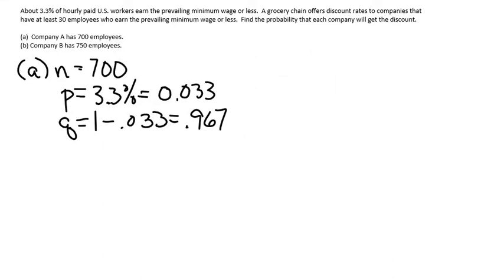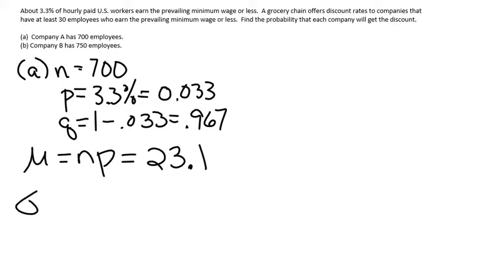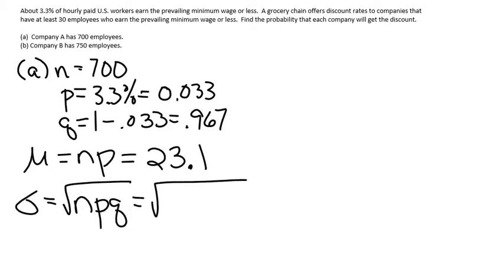So let's figure out what our mean and standard deviations are. The mean is going to be equal to N times P. And we just did that calculation and we found it to be 23.1. Next, we need to find the standard deviation. This is the square root of N times P times Q. Now, I'm actually going to use a shortcut and use this calculation for the N times P part.